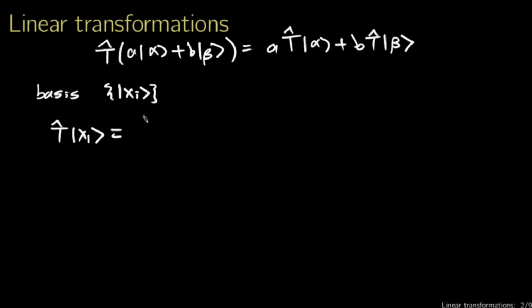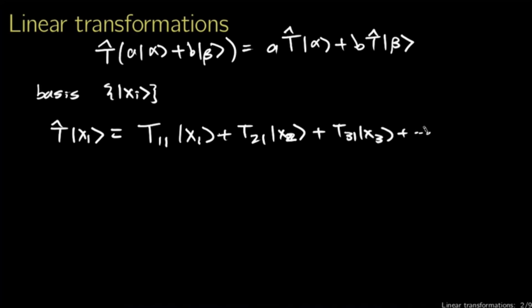So x1 will be transformed into some number, which I'll write as t11 times the vector x1, excuse me, plus some other number, t21 times the vector x2, plus t31 times the vector x3, etc., up to xn.